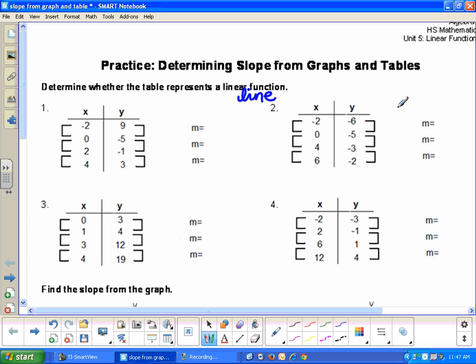If all of these indicate the same slope, then we have a linear function. If it's not, then it may be points on the graph, but it's not going to be a straight line. The reason we have these here is because of our slope formula, which I want you to rewrite right here.